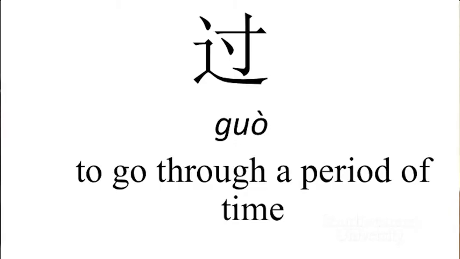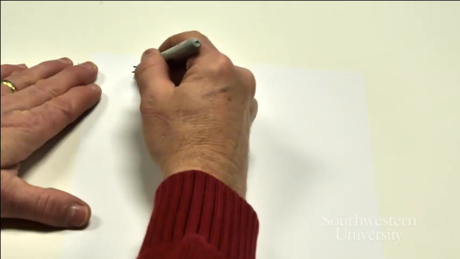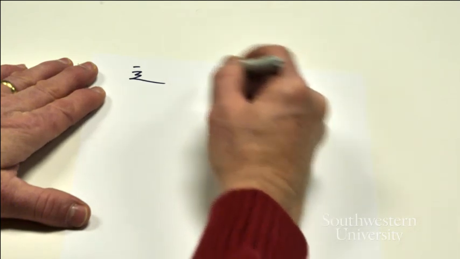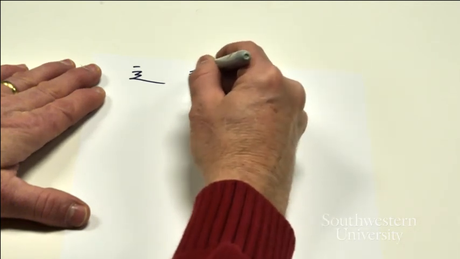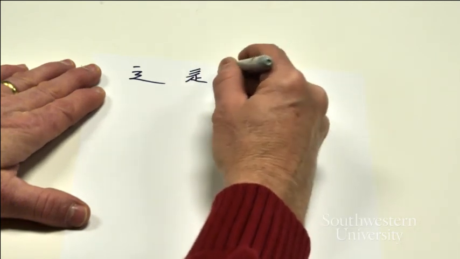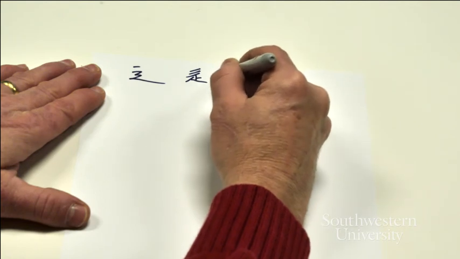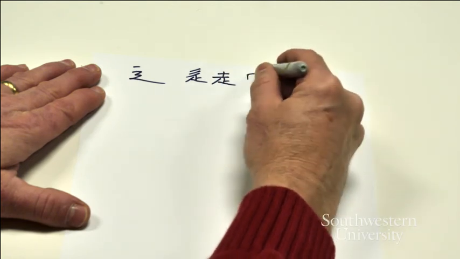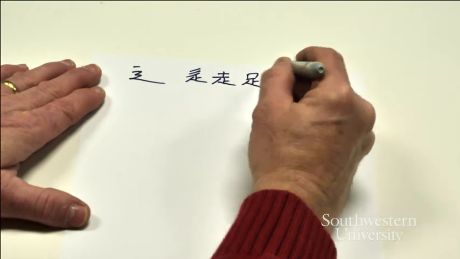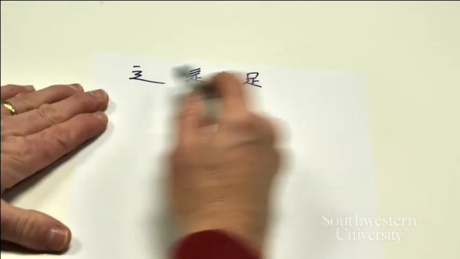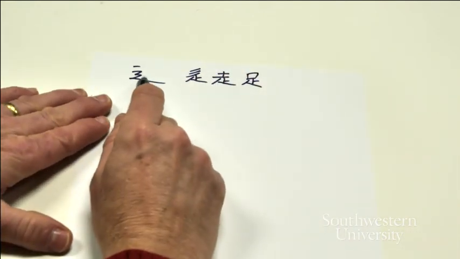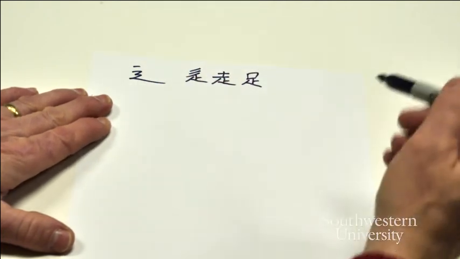Next character is guo. So we have the walking radical, the moving radical, which is a contraction of this, which basically means the same thing as zhou, or foot, zu. So this is called the zhou zipang in everyday speech.